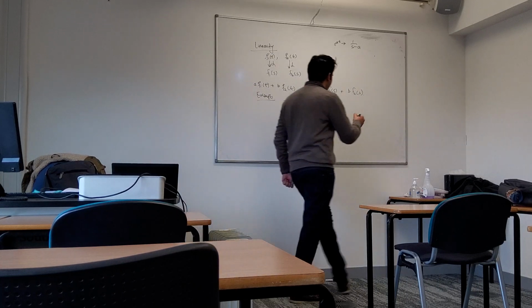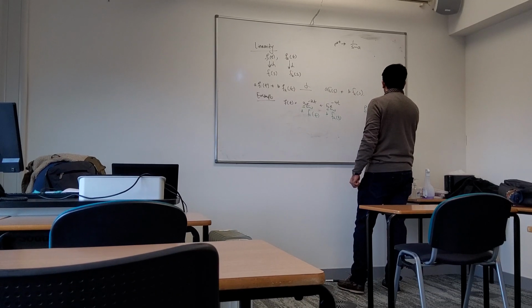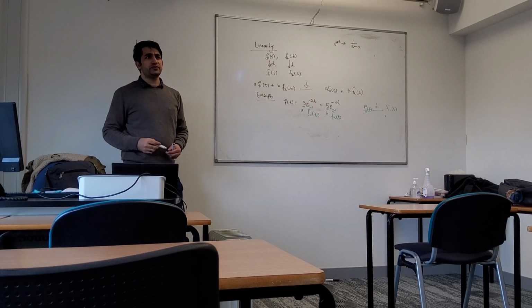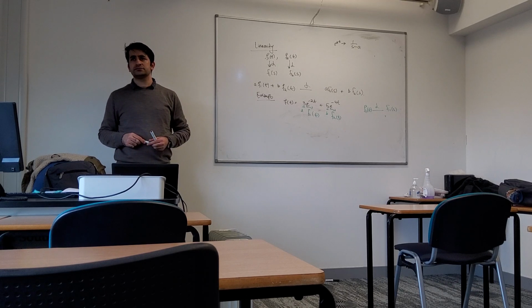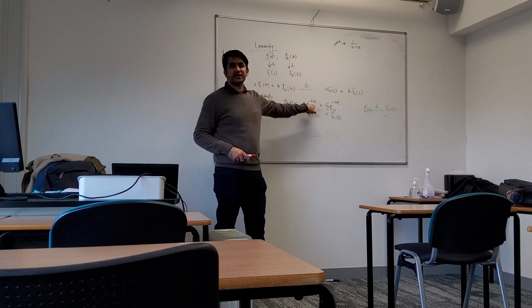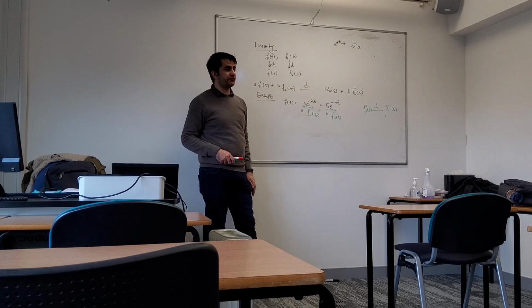Can somebody tell me what is the Laplace transform F1 of s for f1 of t? What is the Laplace transform for e power minus 2t? It's written on the board somewhere as well: 1 by s minus a.